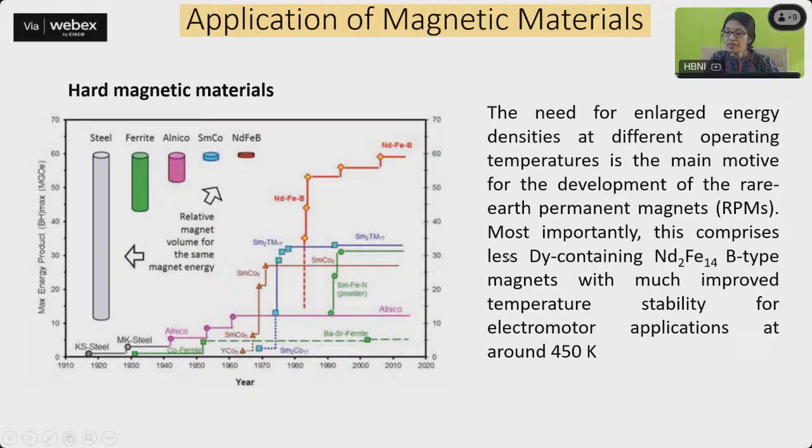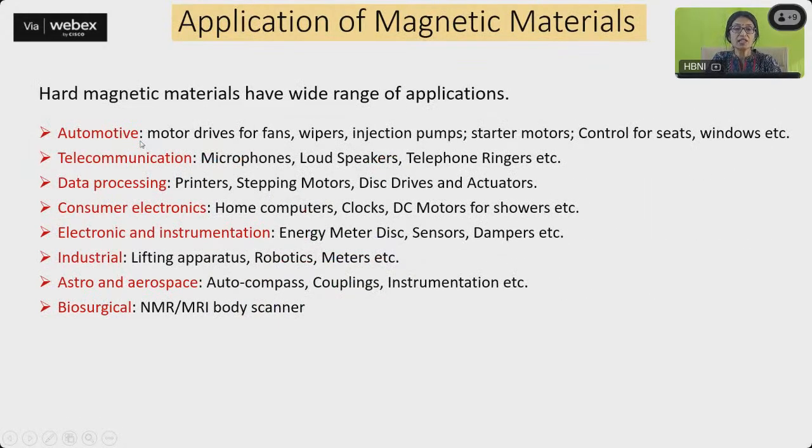So obviously, you have to understand that these hard magnetic materials find a lot of application in various things, like in the automotive industry, where you're using them for motor drives for fans, wipers and injection pumps, and controls for your seat, windows, etc. Then in telecommunication, you're using them in microphones, loudspeakers and telephone ringers.